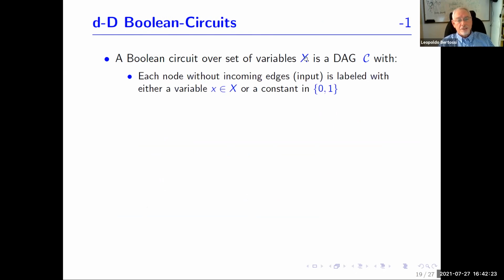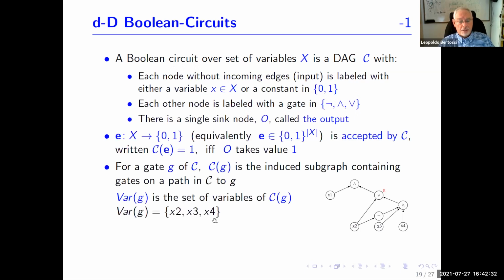So a Boolean circuit over a set of variables is, in this case, a directed acyclic graph. It's easy with the picture. Each node without incoming edges, as you see over here, is labeled with a variable or a value 0 or 1.